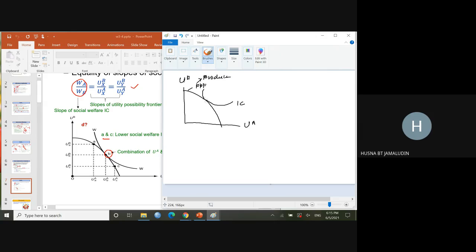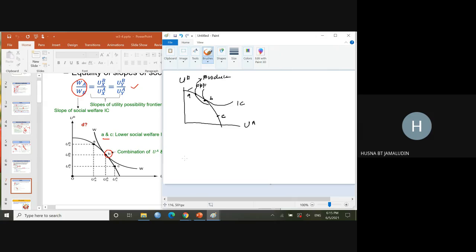Let me write, this is point B, and this is point A. This is point C. If you want to draw your indifference curve for point A, let me draw it here. Can you see that? Do you know what an indifference curve is?